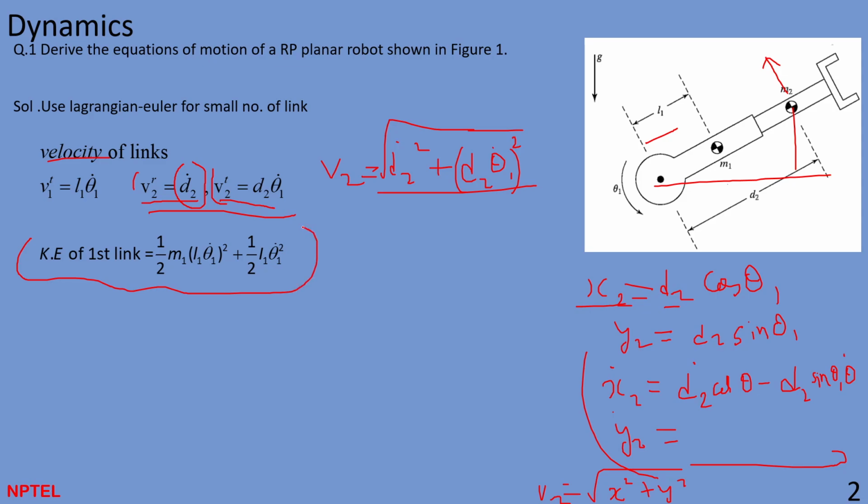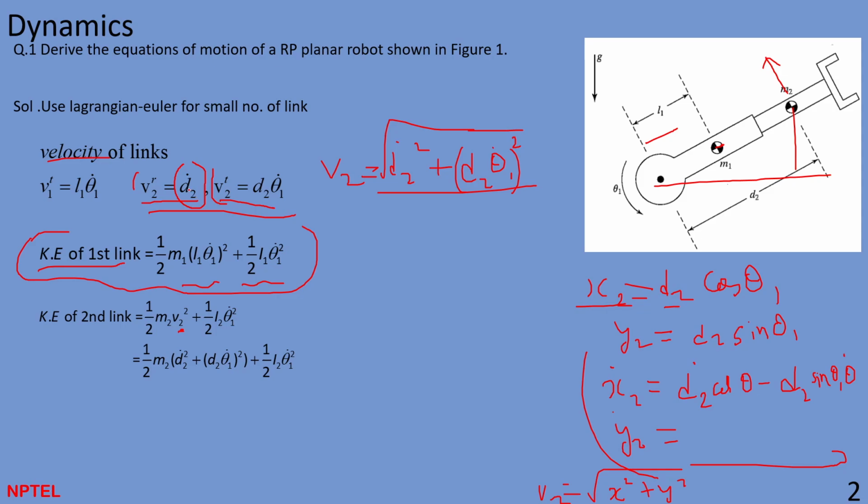Kinetic energy consists of both terms: the linear, translational kinetic energy, and the rotational kinetic energy. I1 is the moment of inertia about its center of mass. This is with respect to the first link, and for the second link it will again use v2 square.